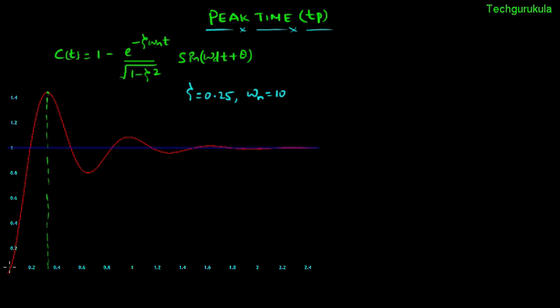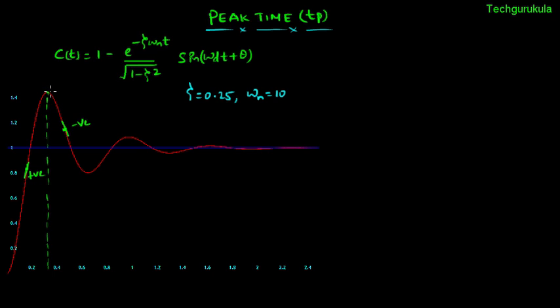So let us see this graph. When the output is increasing, if you find the slope at any point while it is increasing, the slope would have been positive because the response is increasing as time is increasing. Whereas if you take this point, as time is increasing, the response is decreasing. The magnitude of the response is decreasing. So the slope would be negative here and positive there.